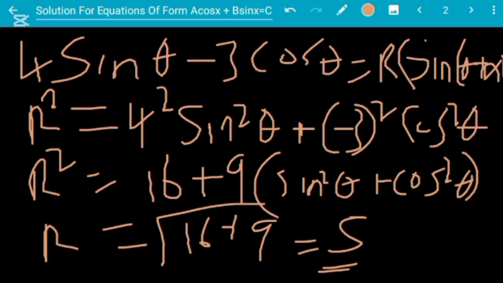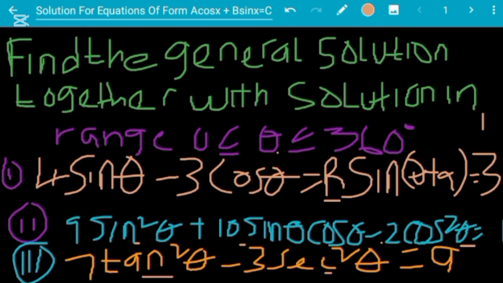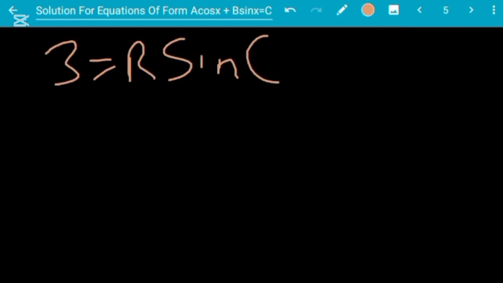So they said we should calculate this theta. And don't forget that in the equation they gave us, we have 3 here. So our equation now becomes 3 is equal to R sine, theta plus alpha.